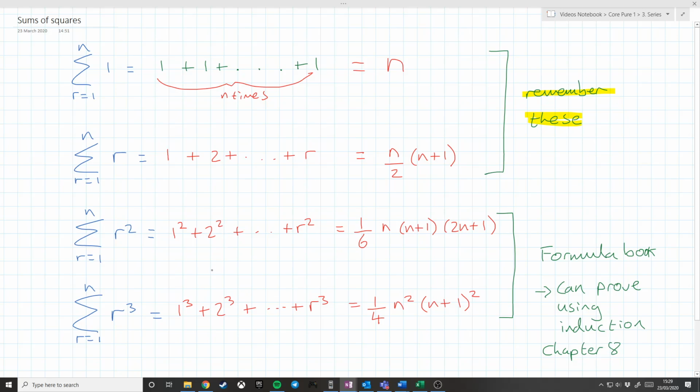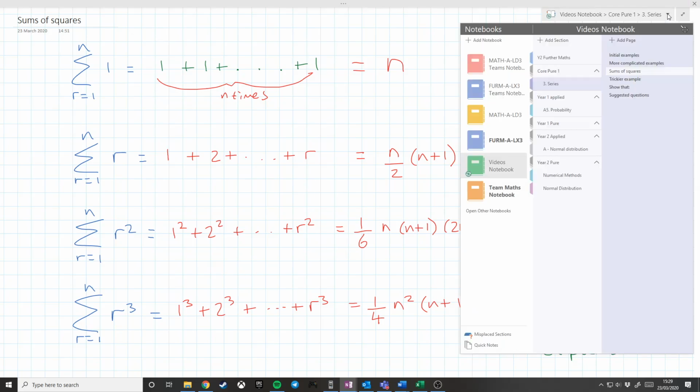So we can do everything very similar to what we did in the previous examples. For example, if we did have the sum from r equals 1 to 9 of 2r squared plus r, then we could split this up into 2 times the sum from r equals 1 to 9 of r squared plus the sum from r equals 1 to 9 of r.